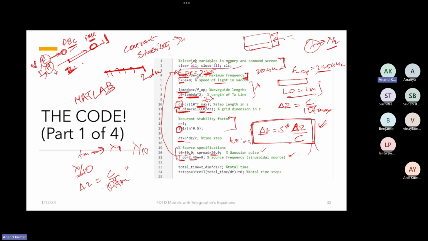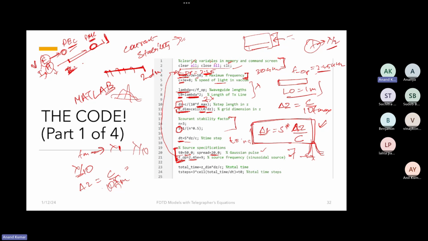So this t naught is the delay after which the Gaussian pulse starts, and the spread value is how big your Gaussian pulse is. If you increase the spread, your code will have a flatter Gaussian pulse. So you can study these. These are very simple stuff which are not relevant to FDTD, but these are your source specifications.